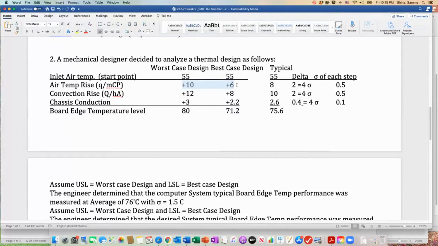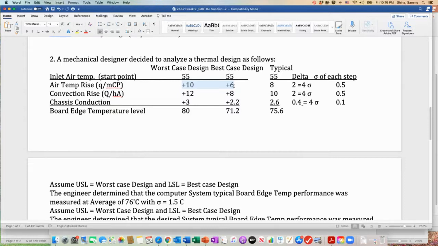If you look at the typical, the halfway point between 6 and 10, and one of the worst case or best case designs, the delta is 2. But the span is 4 between upper and lower. Upper spec limit minus lower spec limit is 4.